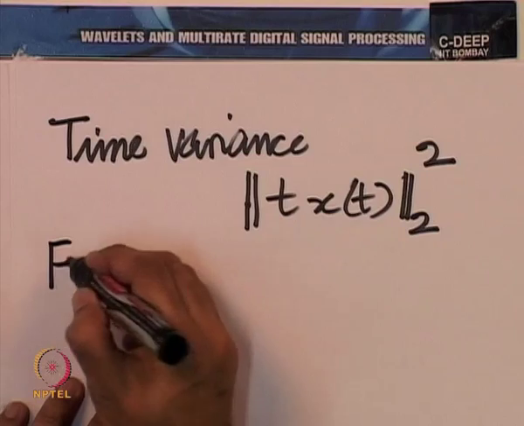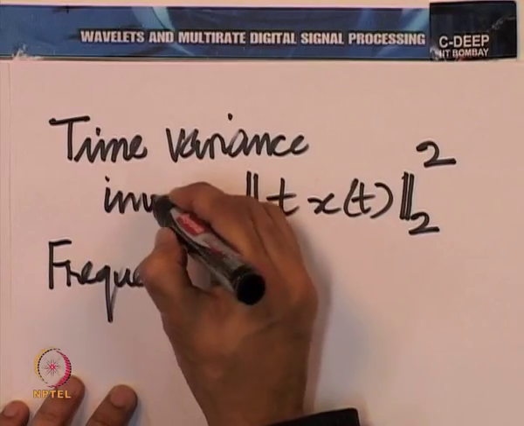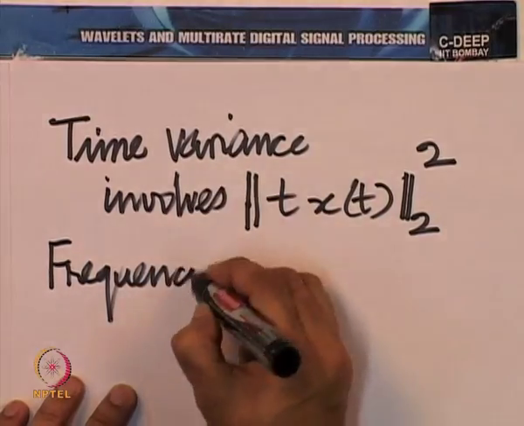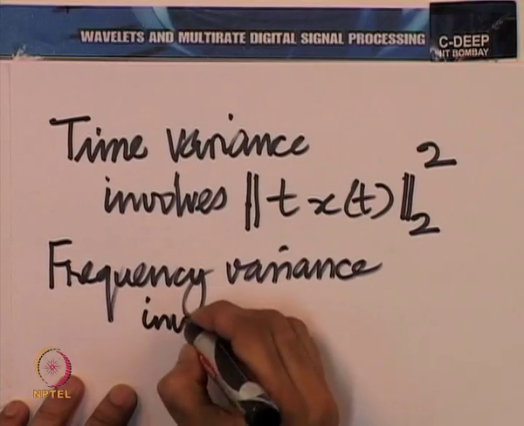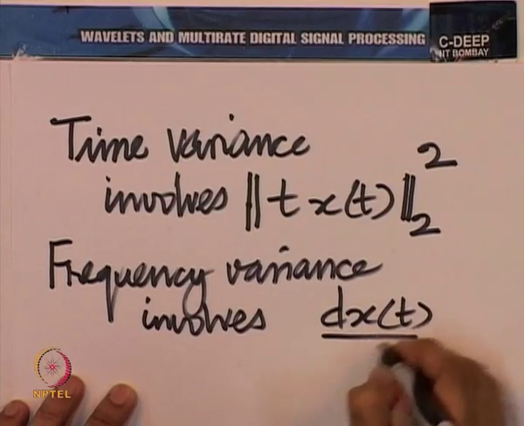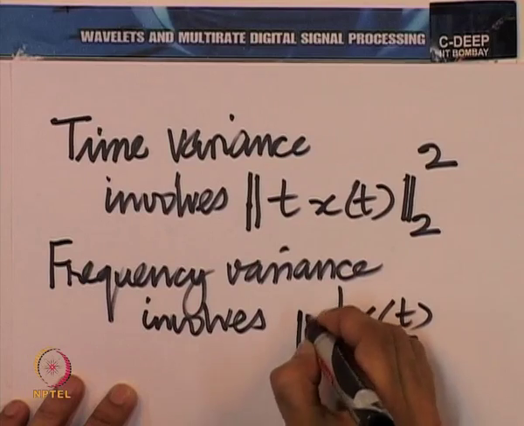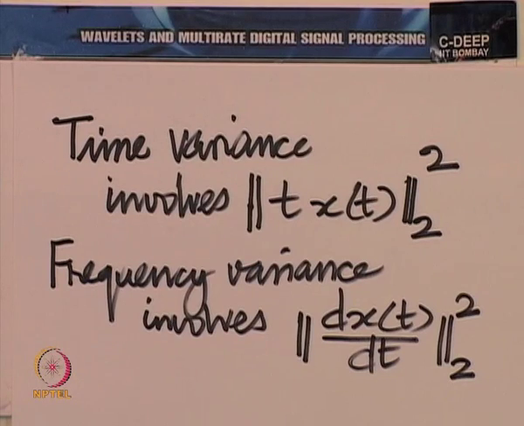Now, if you look at the other term there, the frequency variance. So, time variance involves this, frequency variance involves this. And involving this, the derivative of x(t) with respect to t.